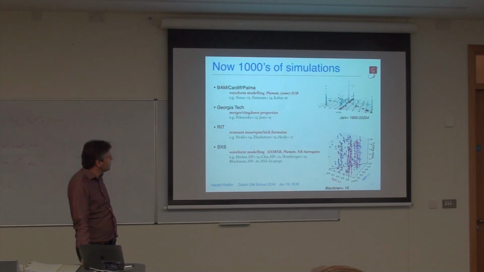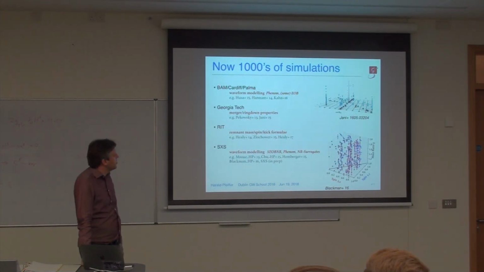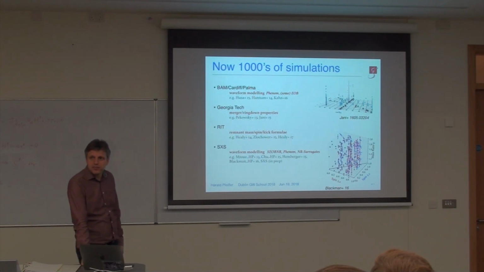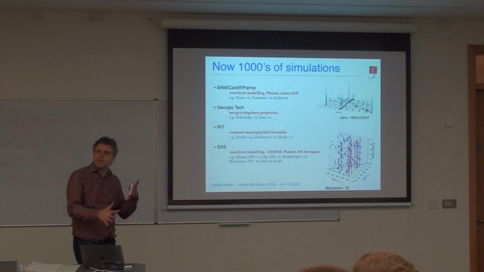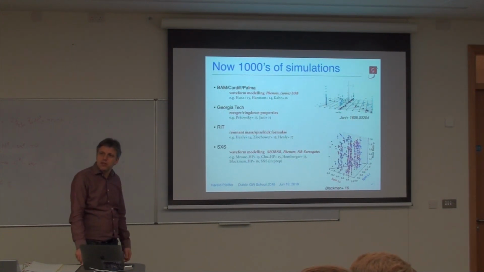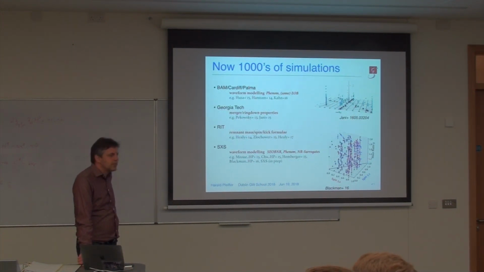RIT has, I would guess, the monopoly these days on computing remnant quantities, masses and spins and kicks more accurately than others, and deriving ever more complicated remnant formulae that give the final properties in terms of the initial conditions.